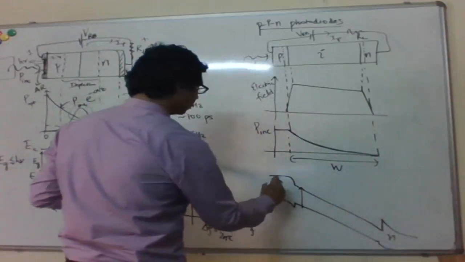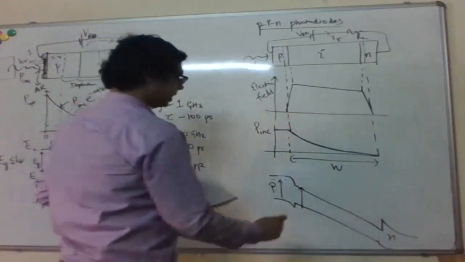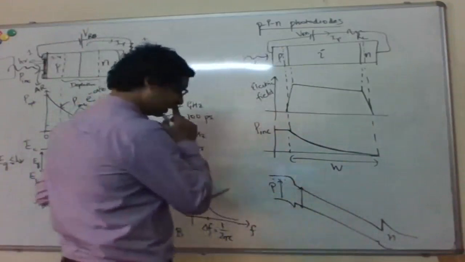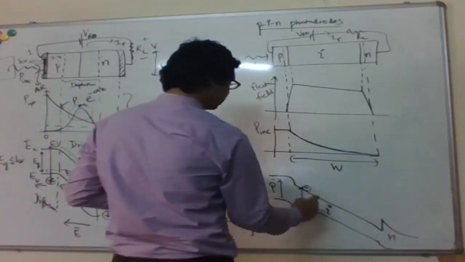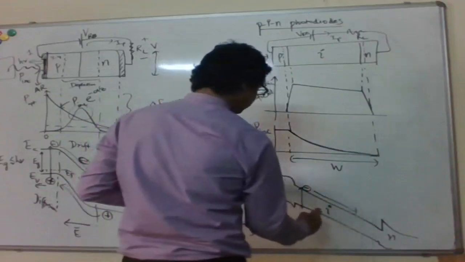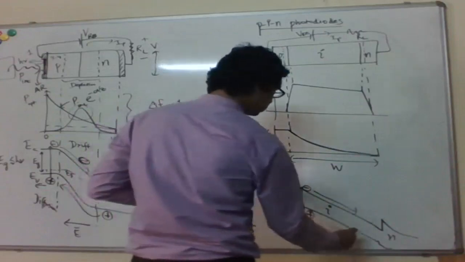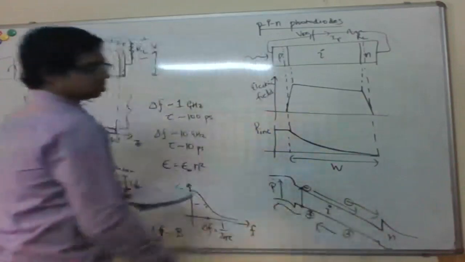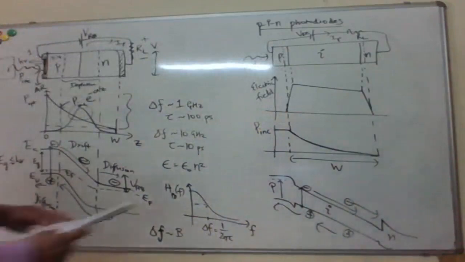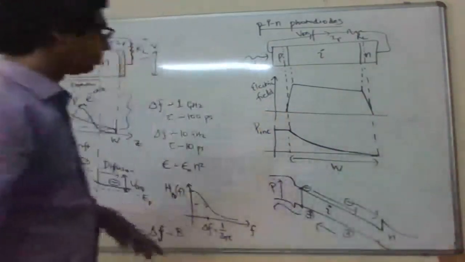So here it's smaller than the band gap of the P and N regions, but it gets absorbed in the intrinsic. Okay, so once you have these photocarriers here, they quickly move to the contacts.